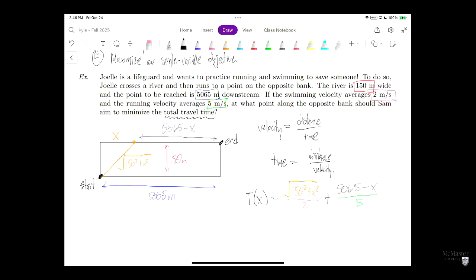And our goal is to optimize t. Let's take a really quick pause. Is everyone okay with the problem statement now?